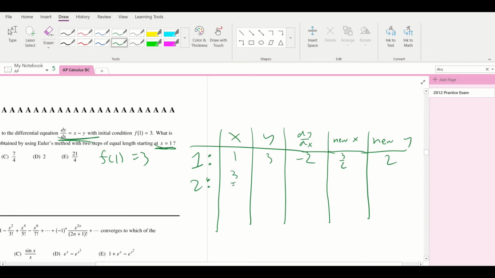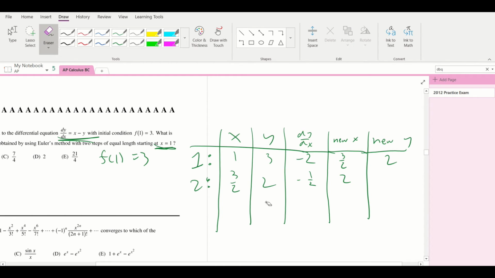So now new x is 3 over 2, new y is 2. So dy over dx is just this minus this, which is negative 1/2. So the new x is just 2, and the new y is this divided by 2 added to this.